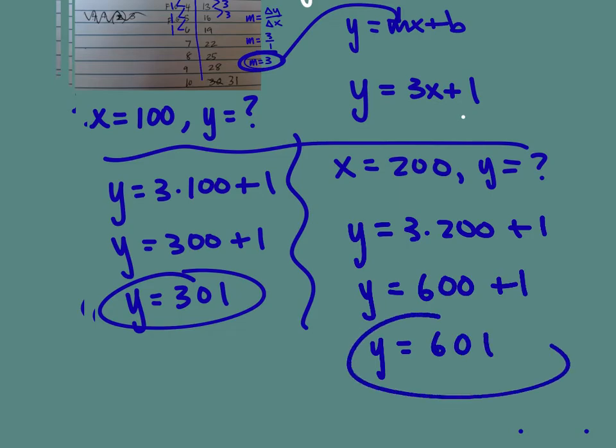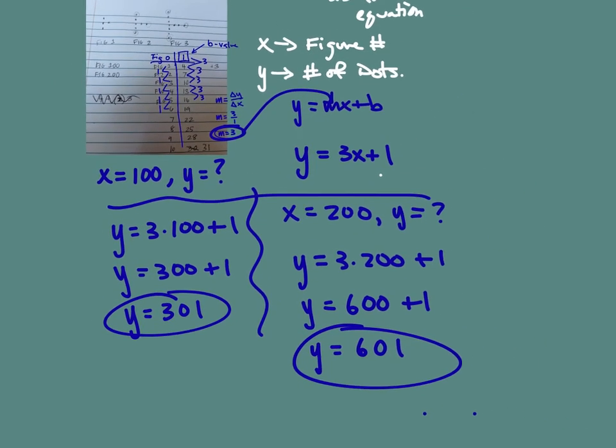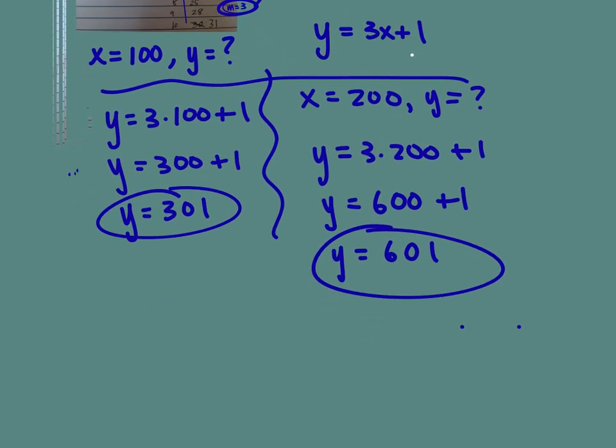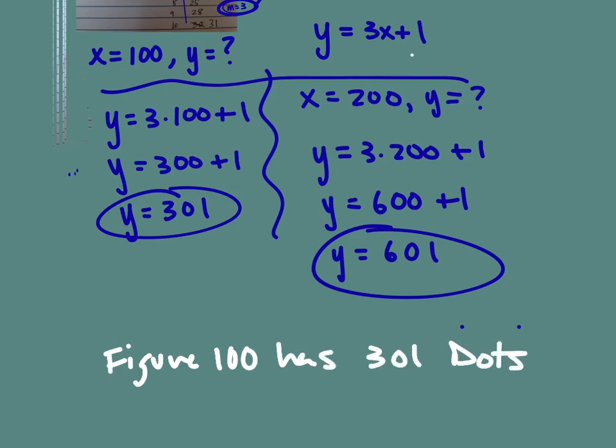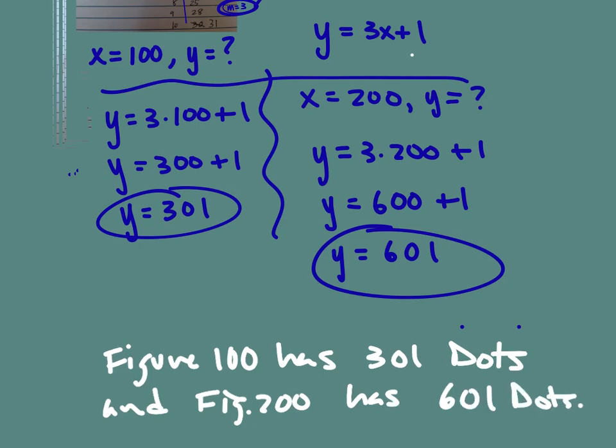And that's how you would go about that. If you had to answer this question in words, you would say figure 100 has 301 dots, and figure 200 has 601 dots. That's the idea. So that's how I would approach that.